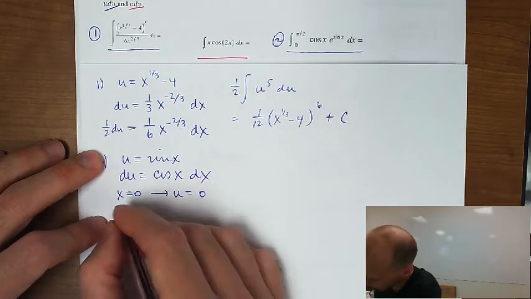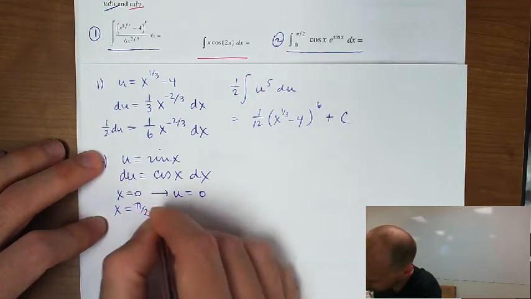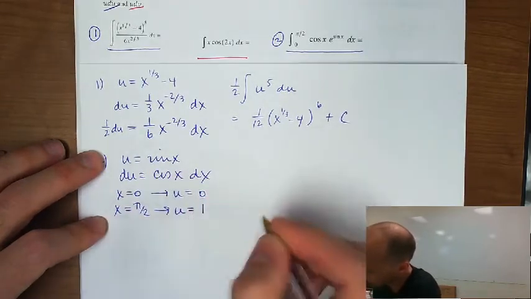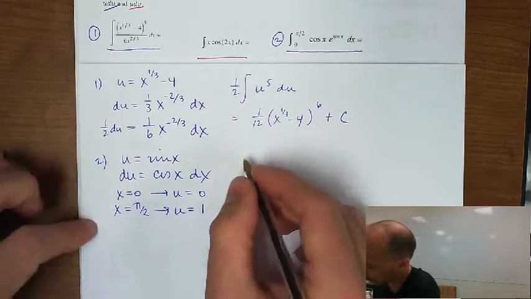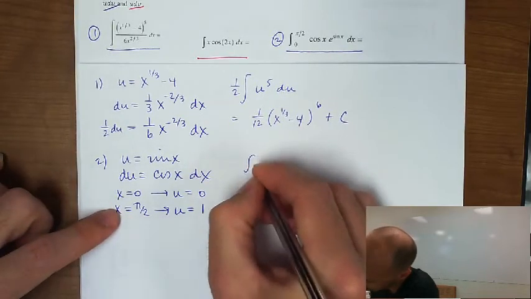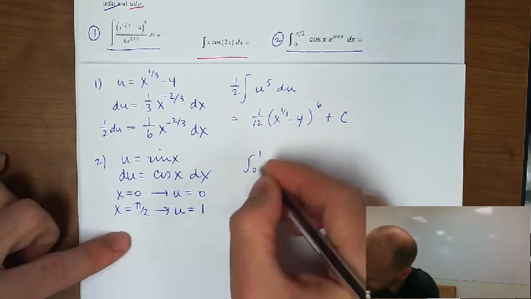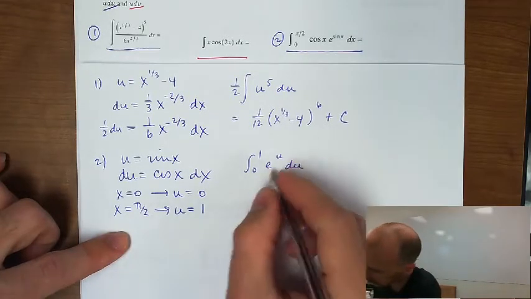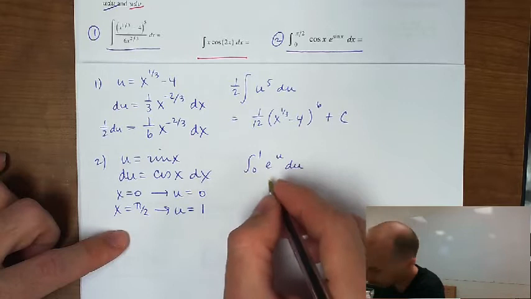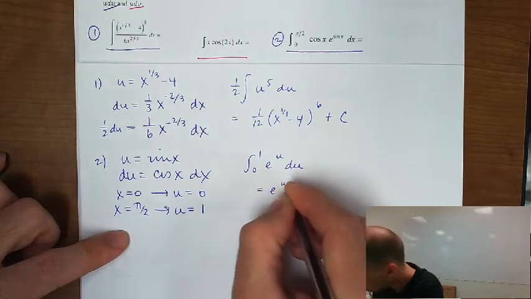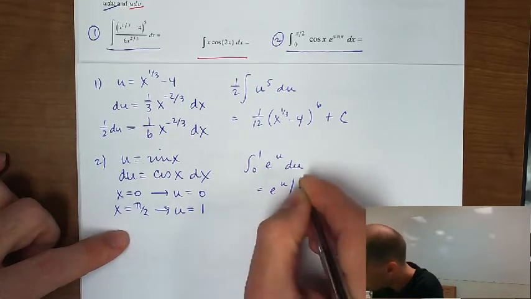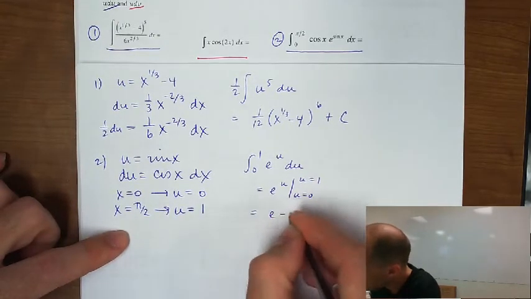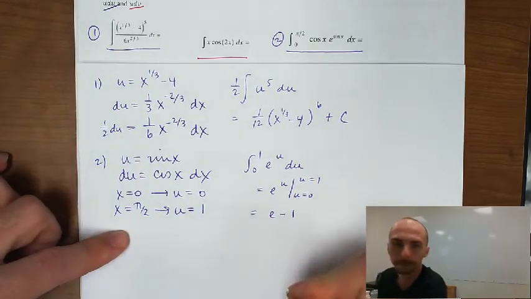And if x is pi over 2, that means u is going to be the sine of pi over 2, which is 1. Okay? So this becomes the integral from 0 to 1 of e to the u du. And the antiderivative for e to the u is e to the u, from u equals 0 to u equals 1. And that's going to be e to the 1 minus e to the 0.